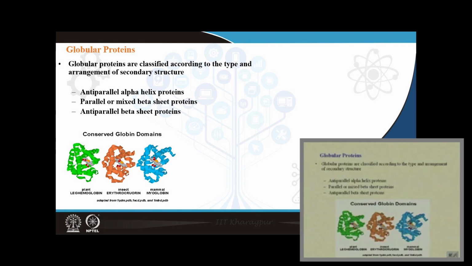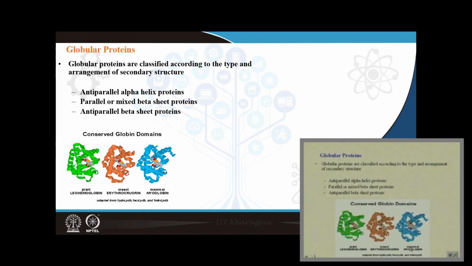You could have, for example, when you're looking at a globular protein, what you're looking at essentially is the globular structure of the protein. Now, if you look at this case, these are all globins. Okay, they are all globulin proteins. This one is from plant, the middle one is from the insect, and the last one is from a mammal.